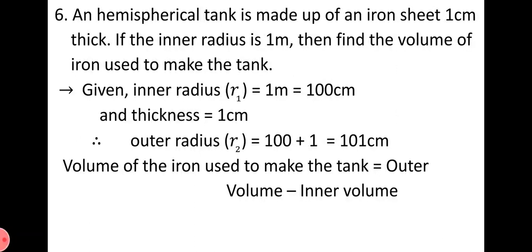So the volume equals 2 upon 3 pi r2 cube minus 2 upon 3 pi r1 cube, because the outer tank radius is r2 and the inner tank radius is r1. Taking 2 upon 3 pi common, it equals 2 upon 3 pi into r2 cube minus r1 cube. Now inserting the values, 2 upon 3 into 22 upon 7 into 101 cube minus 100 cube.